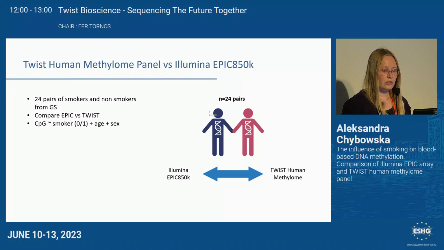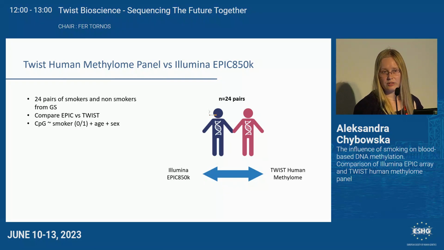For each CpG measured using Twist, we ran a linear regression model, which was adjusted for age, sex, and smoking status. Then we ran a really similar experiment just using EPIC data, and then we compared and contrasted results obtained by the two techniques.